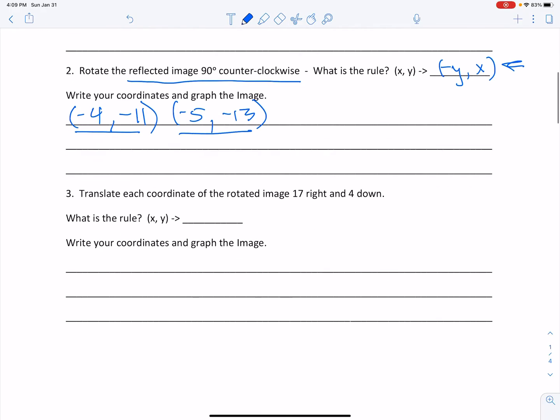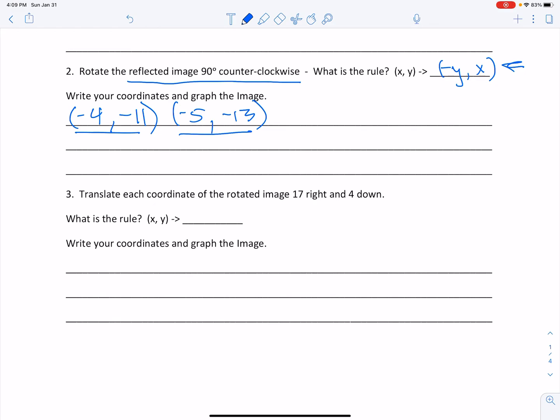Then, for our third one, we're going to take this rotated image and translate it 17 to the right and 4 down. The rule for that would be (x + 17, y - 4).